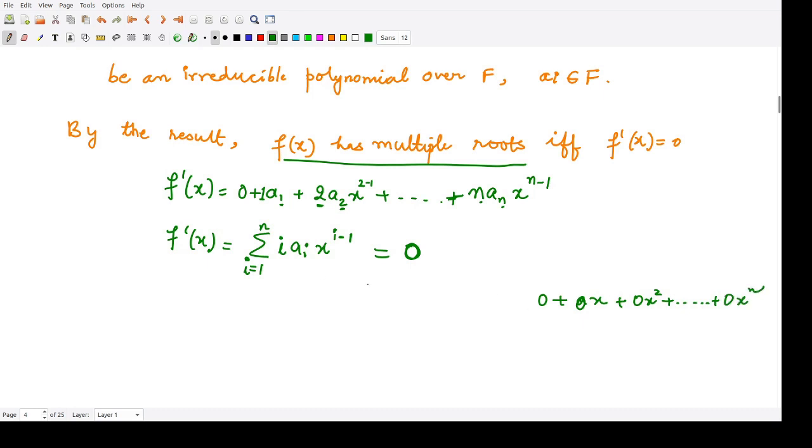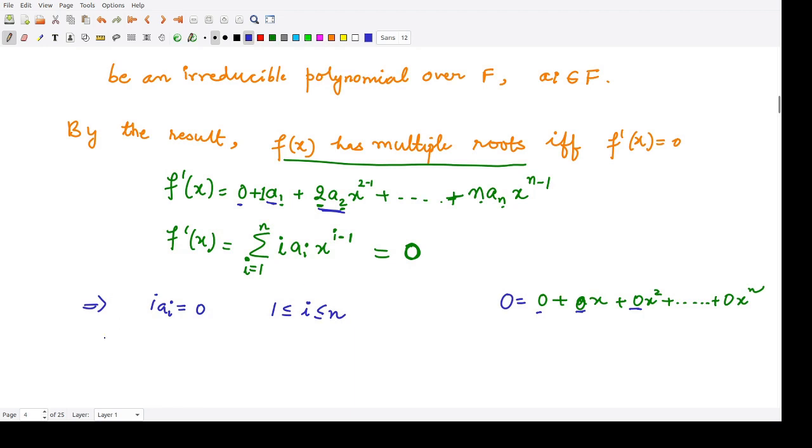So we can equate all these coefficients to the coefficients of this polynomial. So we have a1 equal to 0, then 2a2 equal to 0, and so on. So that means i into ai would be equal to 0 for all i lying between 1 and n. So this would be true.